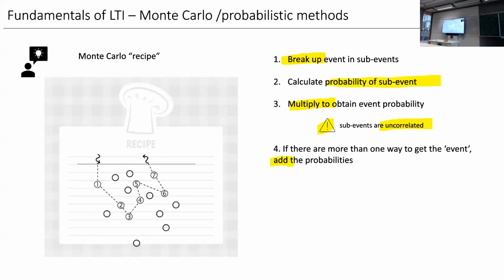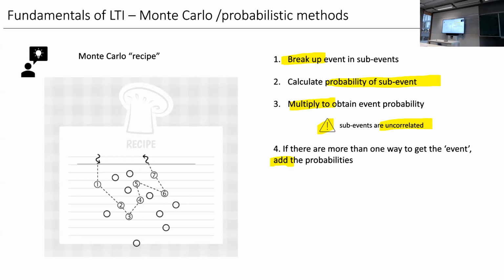Okay, then one of the workhorses of our field is Monte Carlo simulations, because in most situations, the boundary conditions or the geometries are too difficult to directly apply Maxwell's equations. So that means that we have to use probabilistic methods. The recipe for Monte Carlo is simple. You bring an event, for example, the trajectory of a photon going from A to B, and break it into sub-events.